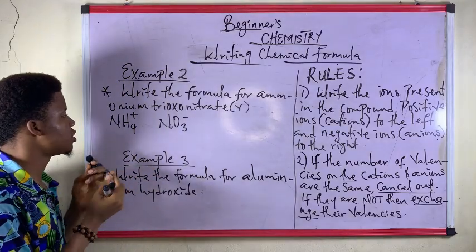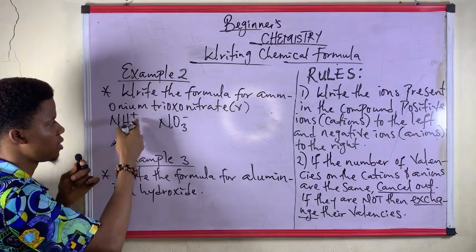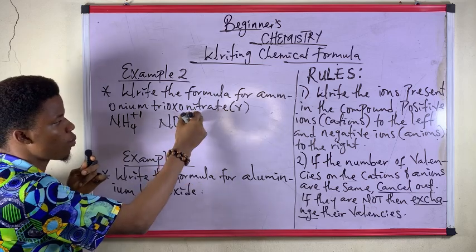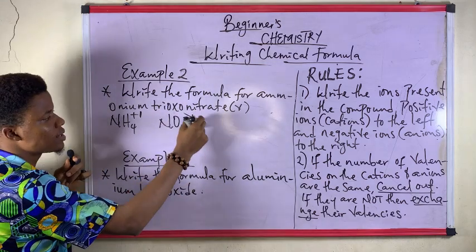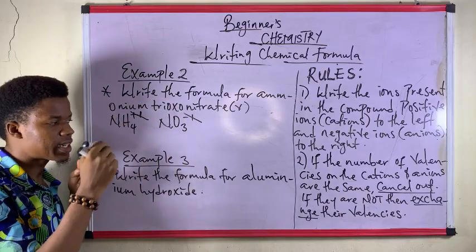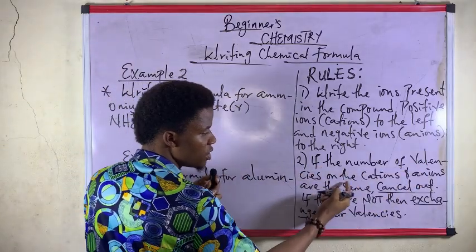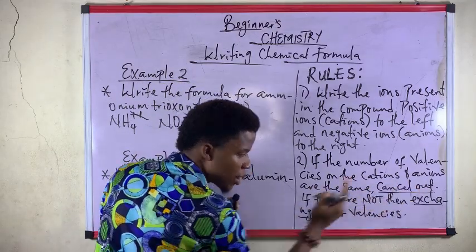So for the number, here is just positive, so here is 1, saying plus 1. Here is just negative, that's 1 minus 1. Are you with me? So 1 cancels out 1. Why are we cancelling? Look at it. If the number of valencies on the cations and anions are the same, cancel out.